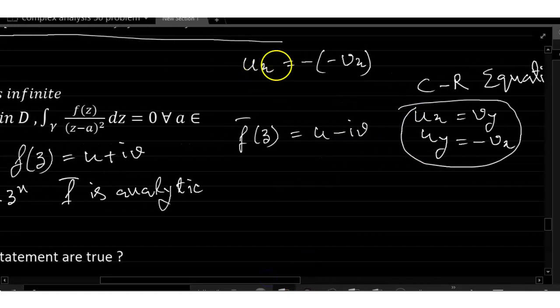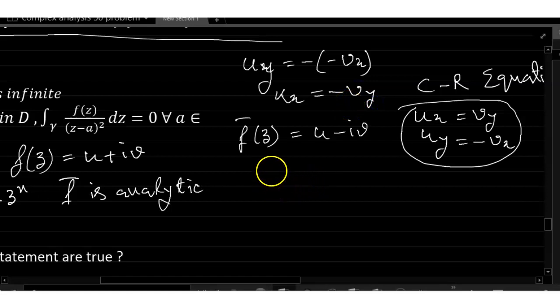Now in here u_y is equal to minus of minus v_x, and u_x is equal to minus v_y.